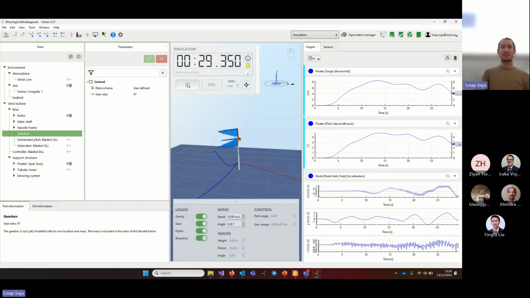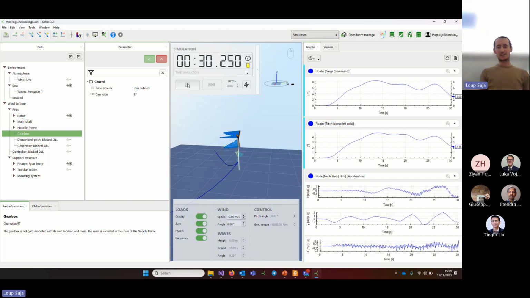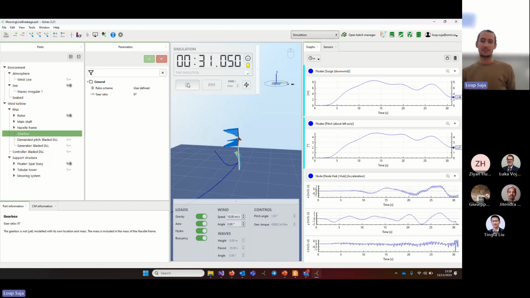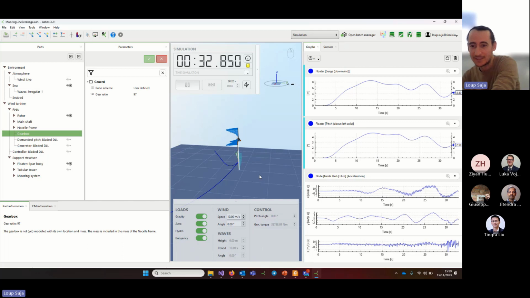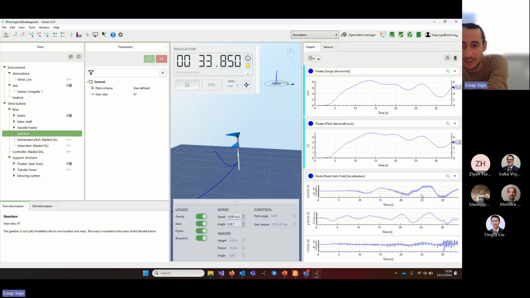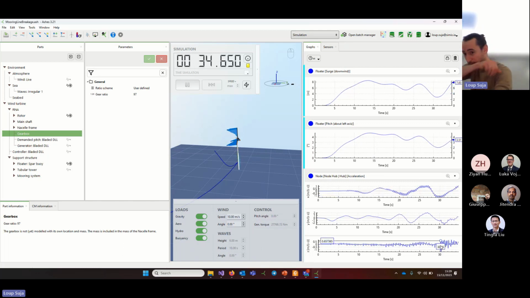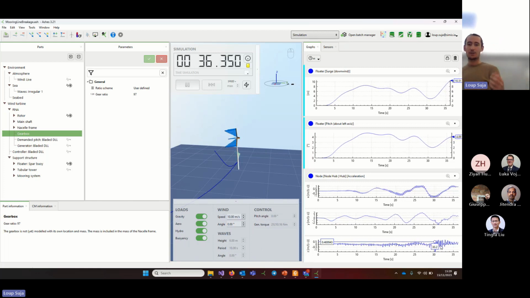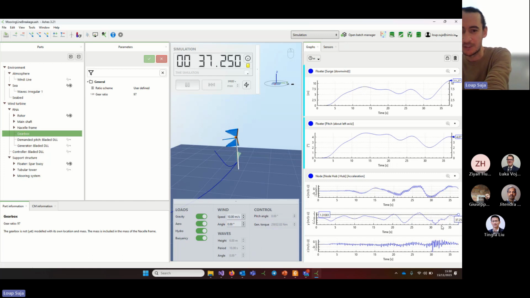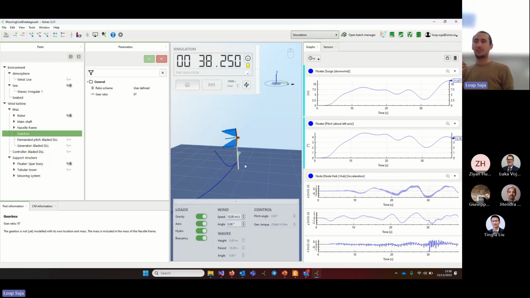So if I start my simulation again, at 30 seconds my mooring line breaks, and you can see that I don't have my load anymore. What's interesting to see here in the acceleration is that you have a certain peak. You suddenly have a lot of vibrations, and this happens almost instantly after the mooring line is broken.